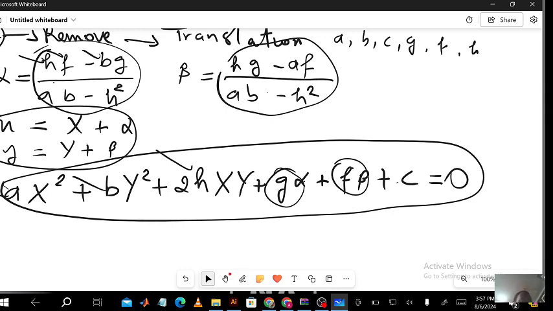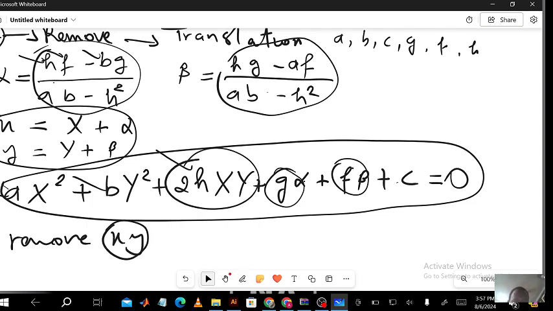If another question asks to remove xy, meaning I want to remove this xy, in that case I'm going to use rotation, as we saw before.